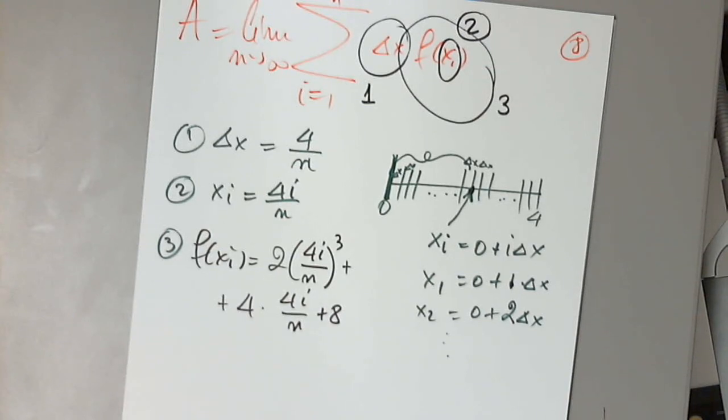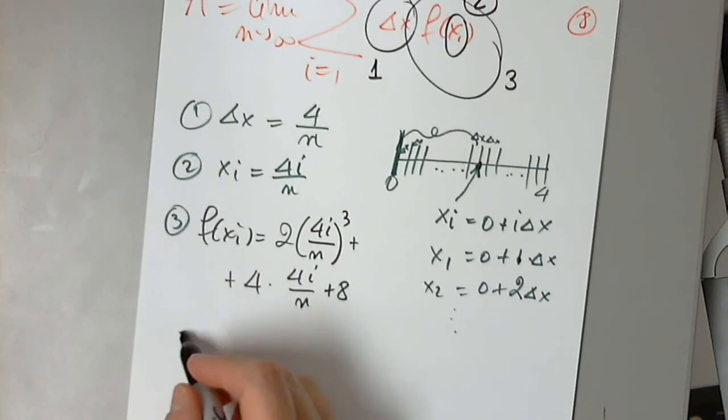So one more time, the area of each subinterval or each rectangle will be delta x, 4 over n, times the value of the function at that point, which is this. Okay, so we have to simplify this.